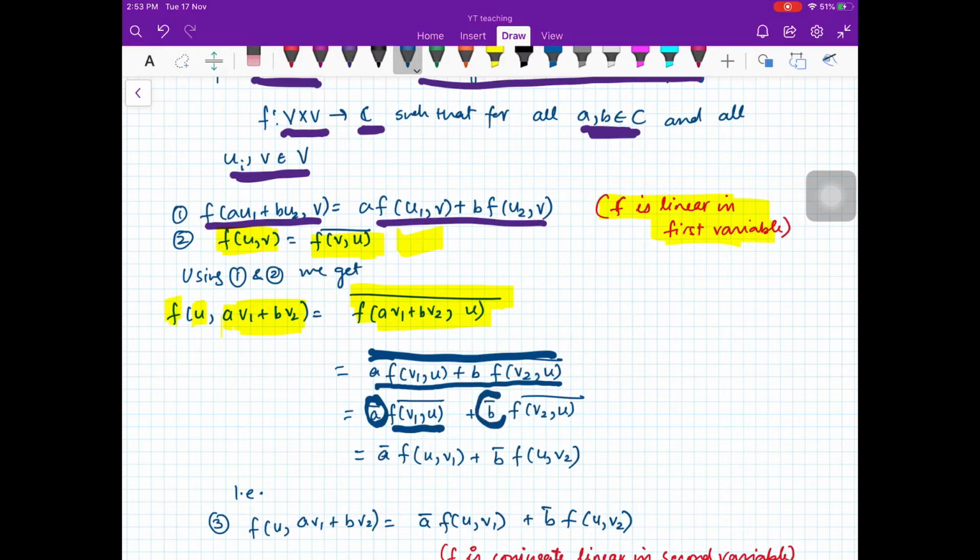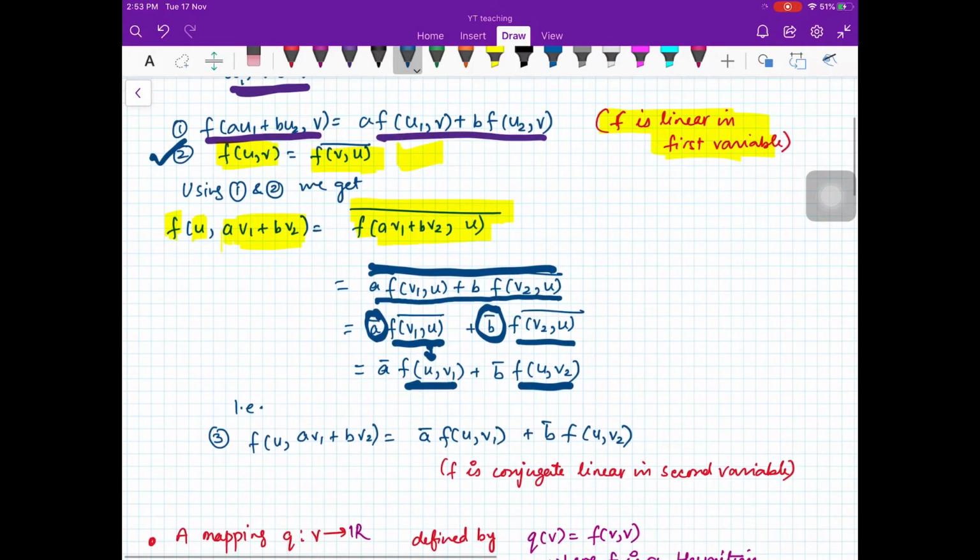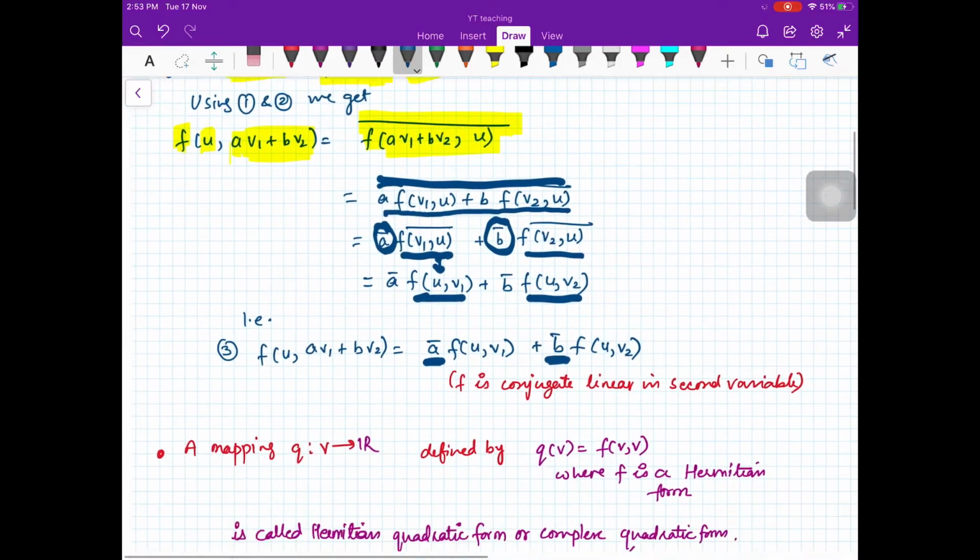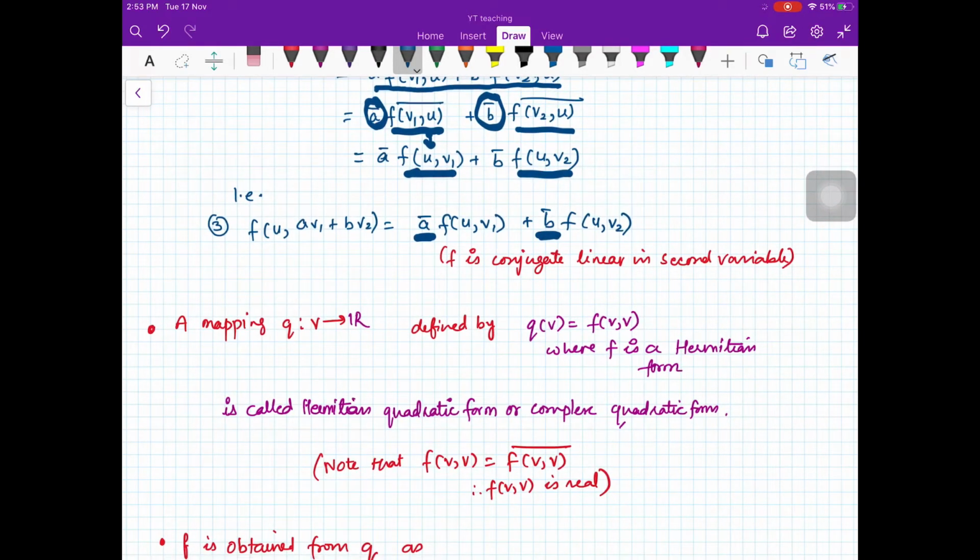This is a-bar times the conjugate of f(v1, u) plus b-bar times the conjugate of f(v2, u). Now again use the second property, so this will be a-bar f(u, v1) + b-bar f(u, v2). So we get that there is conjugate linearity in the second variable. So a Hermitian form is the one which is linear in the first variable and conjugate linear in the second variable.